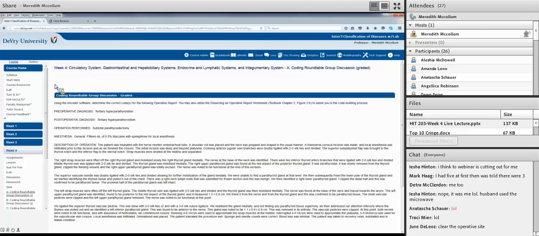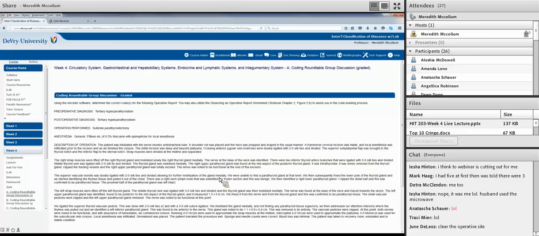So here's our first thing that they actually did. There was a right neck lymph node that was submitted for frozen section, and this was benign. So let me explain what a frozen section is. And the only reason I know is because my father was a pathologist. Well, that may not be the only reason I know, but it's because my father was a pathologist, and he raised me growing up.